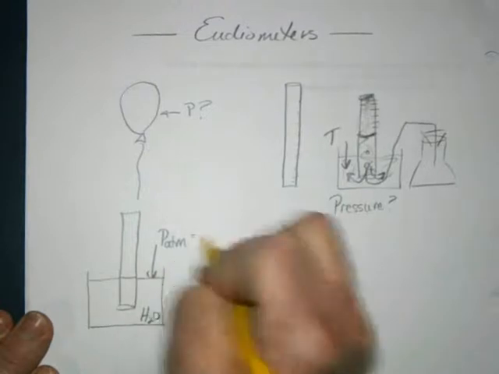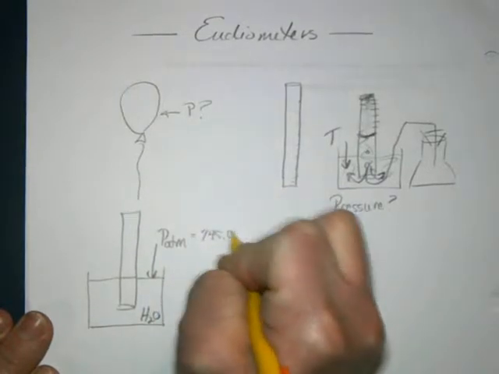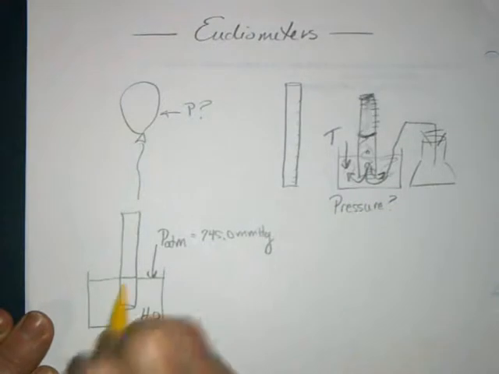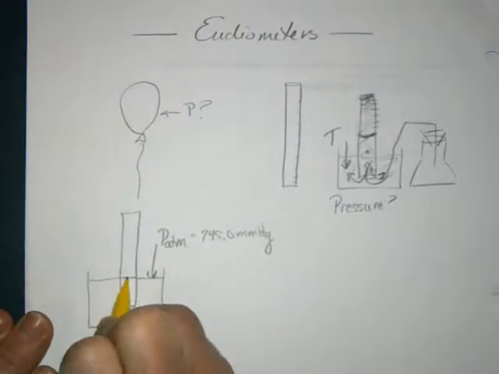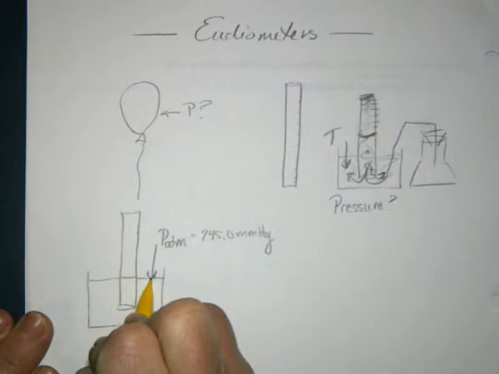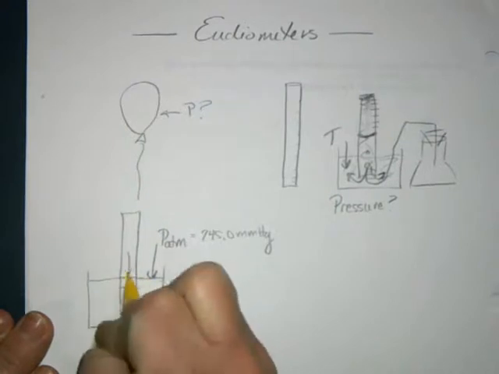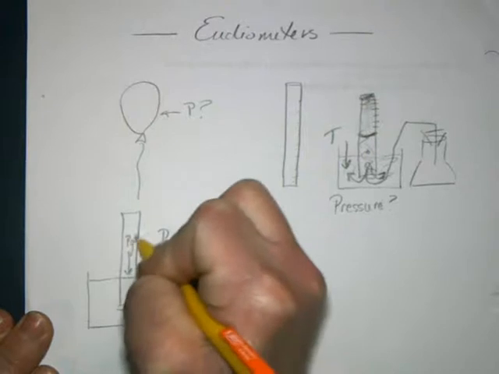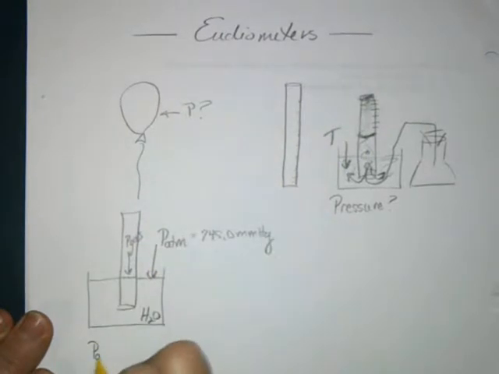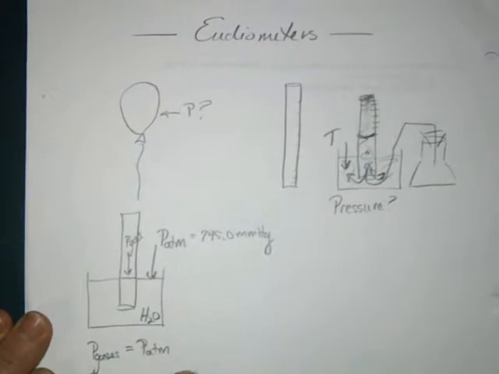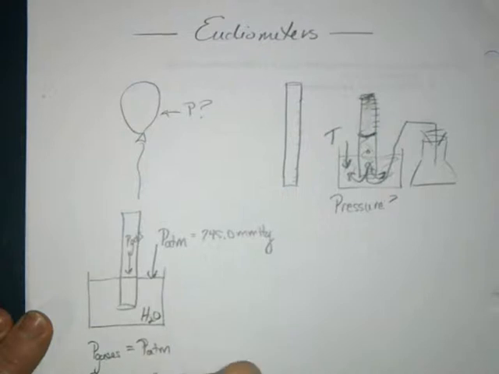Let's go ahead and say that that's 745 millimeters of mercury. We look at the liquid level inside compared to outside. If the liquid level inside is the same as outside, that means the pressure of the gas or gases inside is equal to the pressure of the atmosphere. So the pressure of the gases on the inside would be 745 millimeters of mercury.